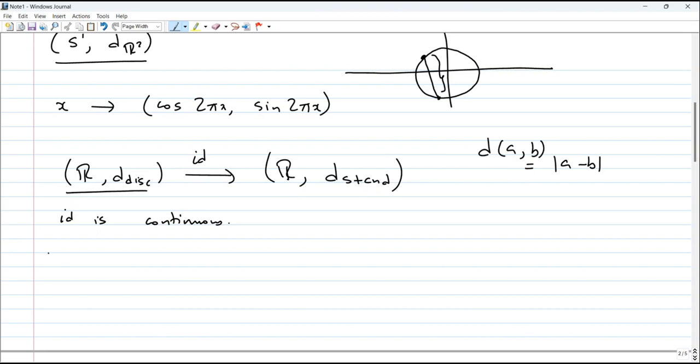The identity is invertible, it is bijective, because the inverse is also the identity, but the inverse isn't continuous.